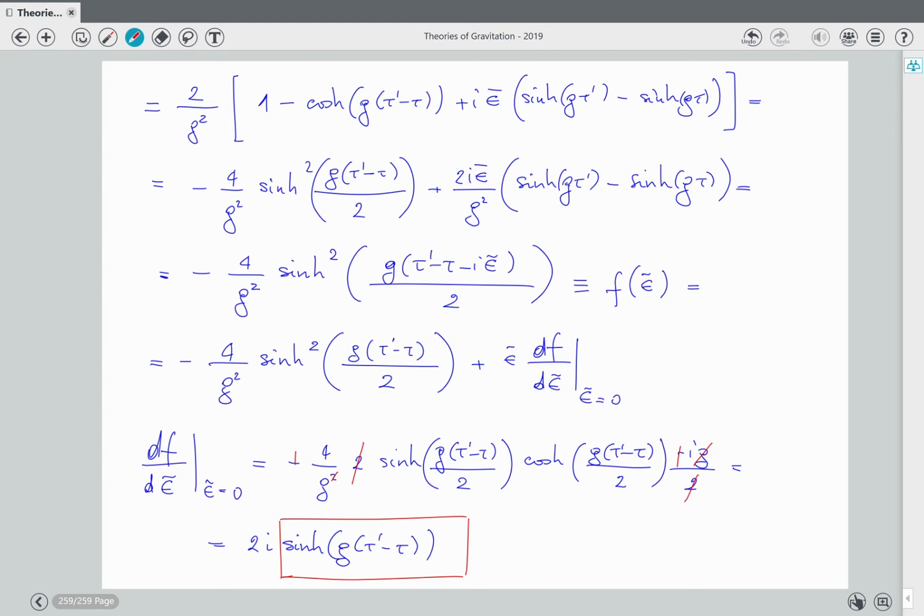Well, g squared is positive, so I don't care about g squared. This and that, which is true, of course.